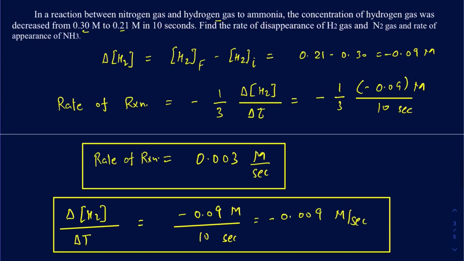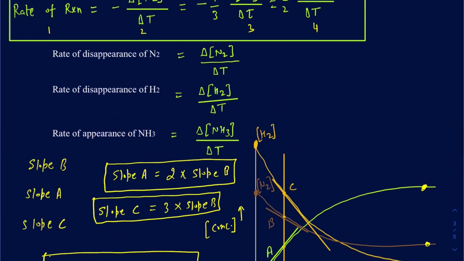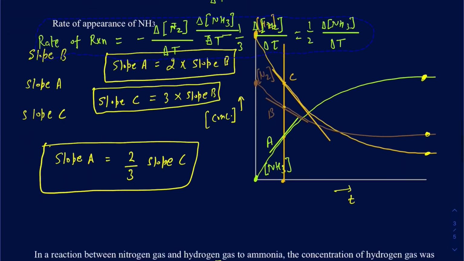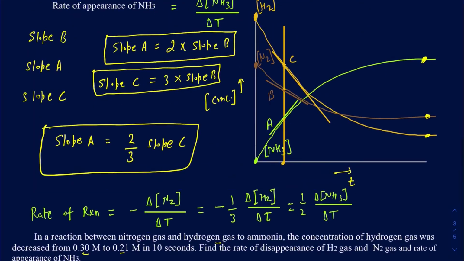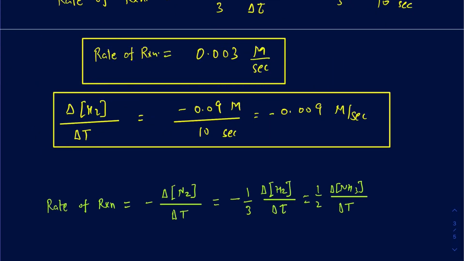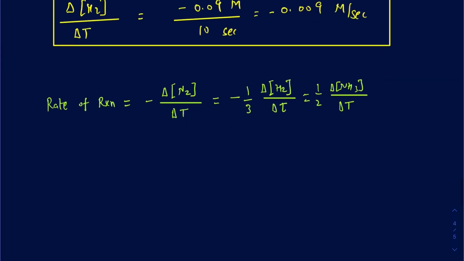And then how would you find the rate of disappearance of N2 and the rate of appearance of NH3? So I can probably go back down there and maybe copy this equation so that I don't have to rewrite it. So let's bring that down. Okay, so I already know 2 things so far.